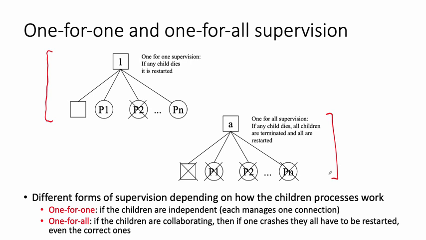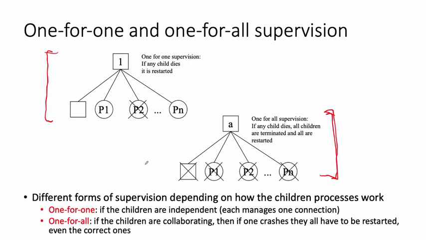So that's one for one. I only restart the failed process. But that's not enough. Sometimes I need to do more, and there we have one for all. So assume we have an application doing things. We have a database, a computation task, a user interface, and a networking layer. They're all working together.